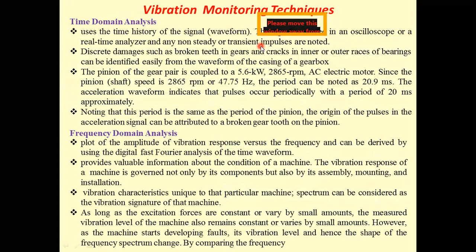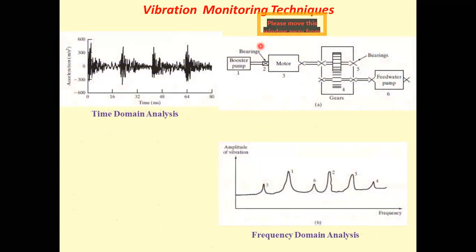So in case of time domain analysis, there is a signal. This is one type of signal, or it is a time domain waveform of a gear. Now this gear is a faulty gear.